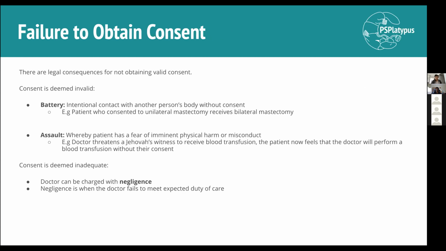So if you touch a patient without asking them, for example, a needle injection without asking for consent to inject the needle, that's counted as battery, and it can be counted as negligence.